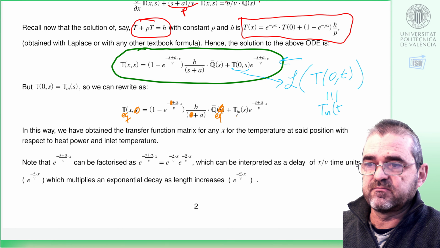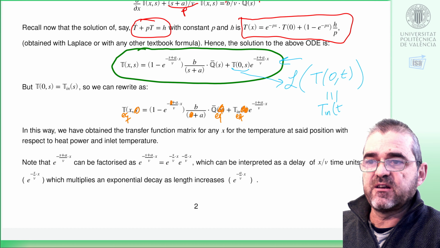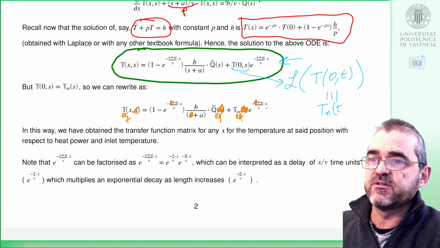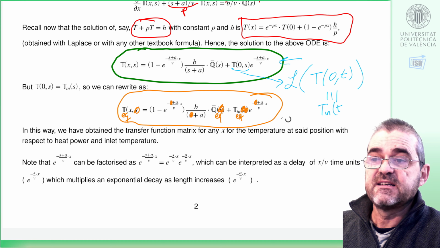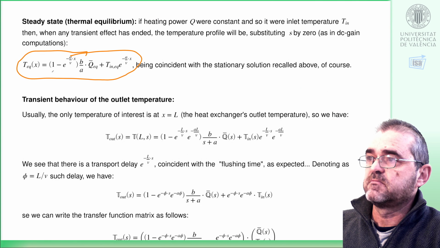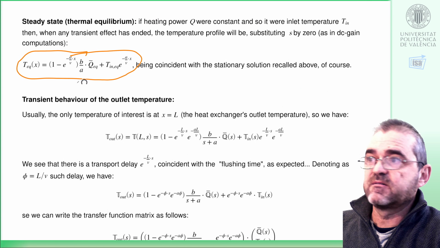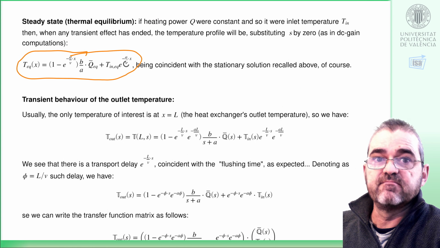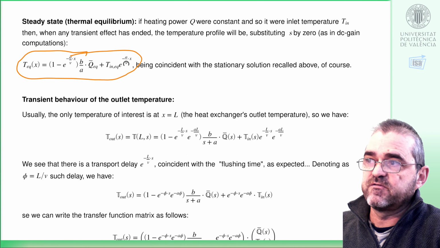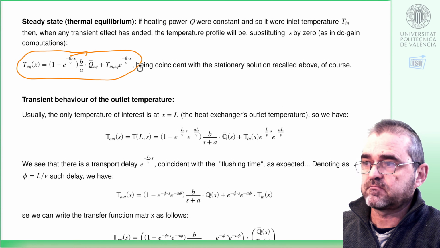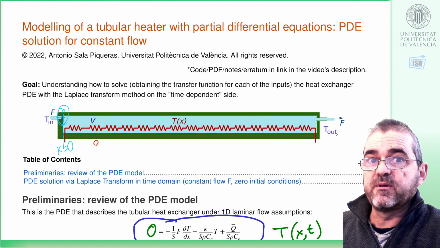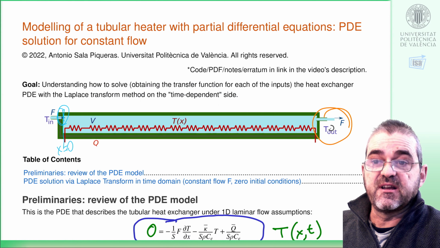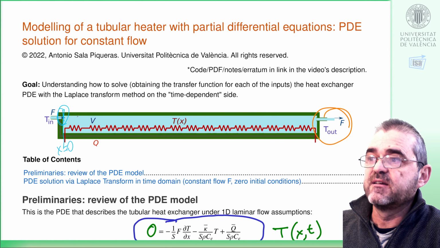So if I put some constant equilibrium values and I set the Laplace variable to 0, then I get this steady state solution, which is this expression that coincides, of course, with the steady state solutions of the standard heat exchanger formulas.